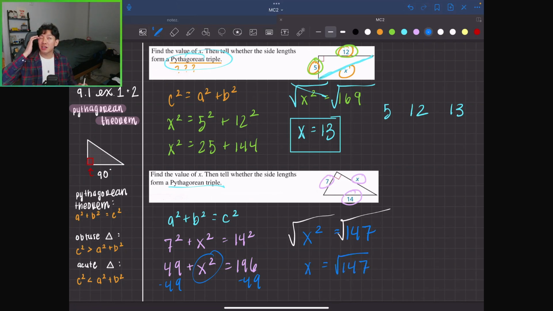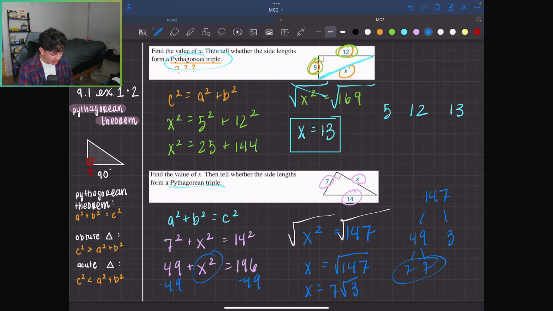If I wanted to simplify this radical, 147 is going to break up into 49 and 3. 49 times 3 gives us 147. And then 49 breaks up into 7 and 7. So x equals, well, we have a pair of 7s, so 7 root 3.